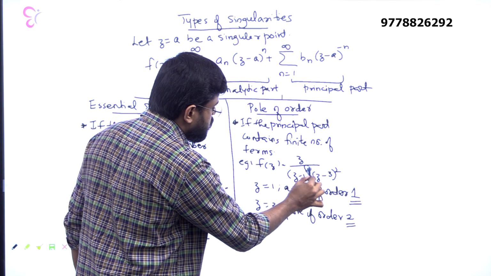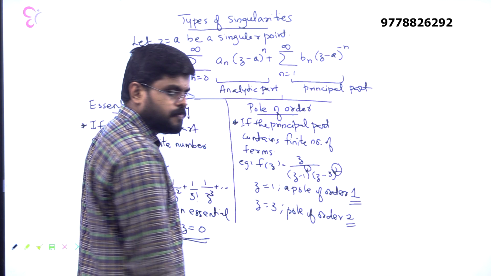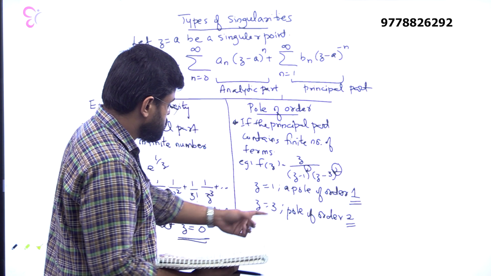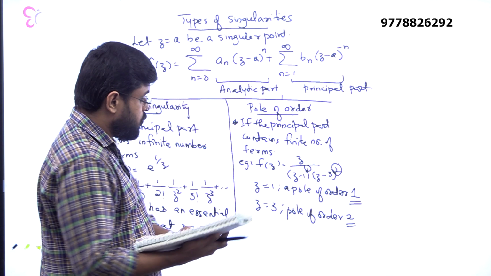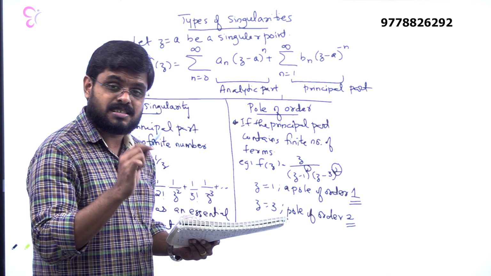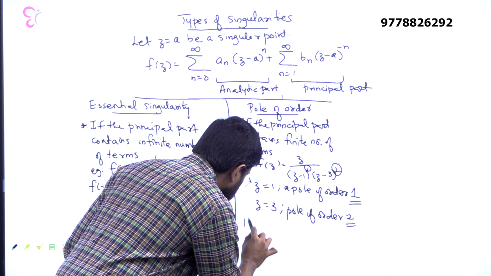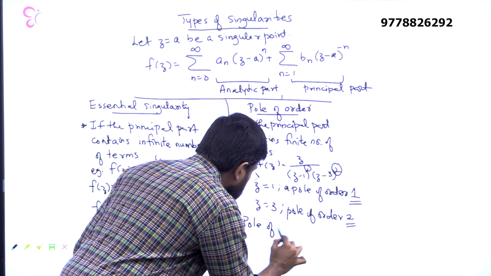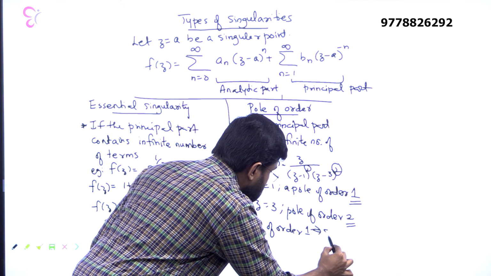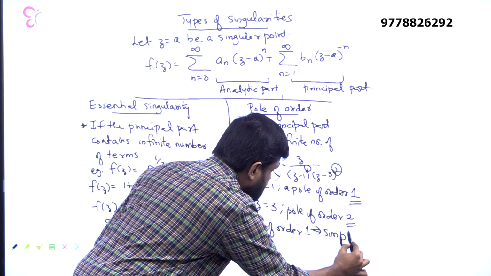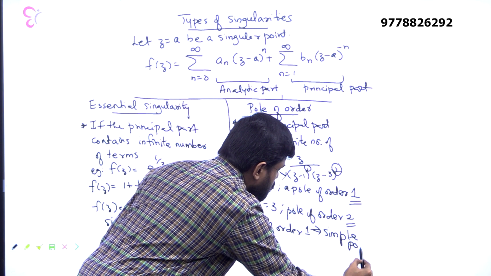See, the power is 1 here, the power is 2 here. Clear? Pole of order 1 is termed as a simple pole.